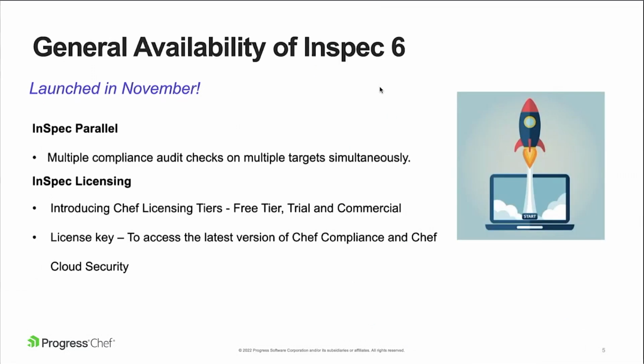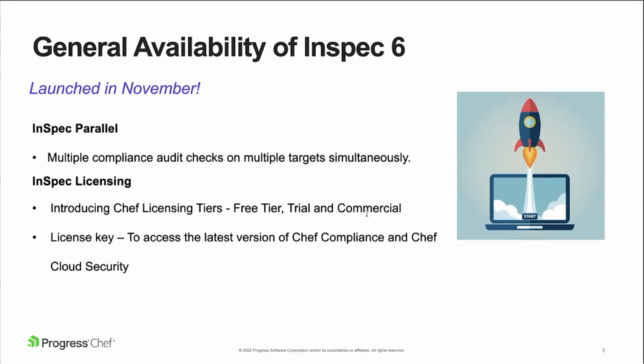Let's move to InSpec 6 GA. InSpec 6 was launched in November, and one of the key features launched in InSpec 6 is InSpec Parallel. This feature was launched to fulfill the needs of compliance users to perform multiple scans, like multiple executions, simultaneously.